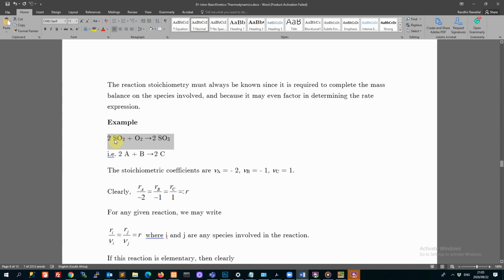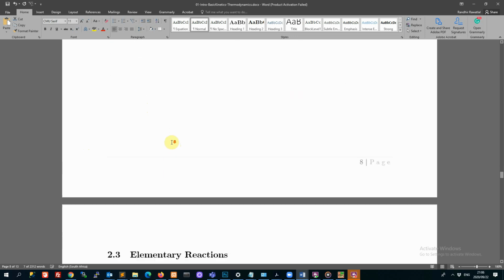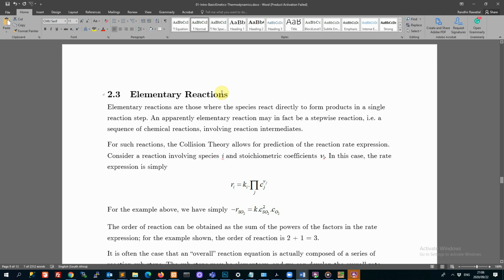We are not talking about SO2 complexing with component D, and then component D is attacked by O2, and then it forms some other complex, and then some kind of D derivative desorbs, and then we've got SO3. So we are saying only these species are involved. We can't subdivide this reaction any further, and so this is what we call an elementary reaction.